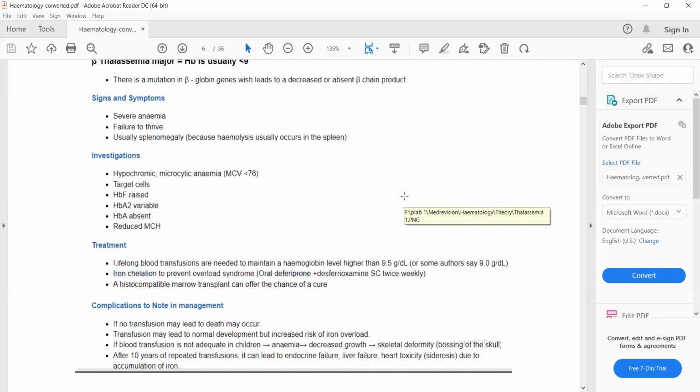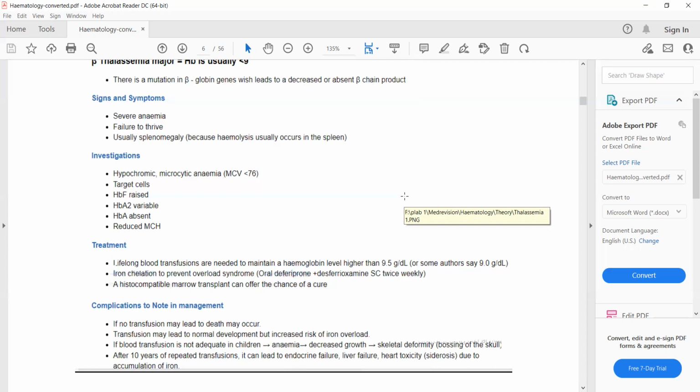Iron overload occurs as a complication of thalassemia because of multiple blood transfusions. So a person with microcytic hypochromic anemia, increased iron, increased ferritin, and decreased TIBC, your diagnosis will be thalassemia.